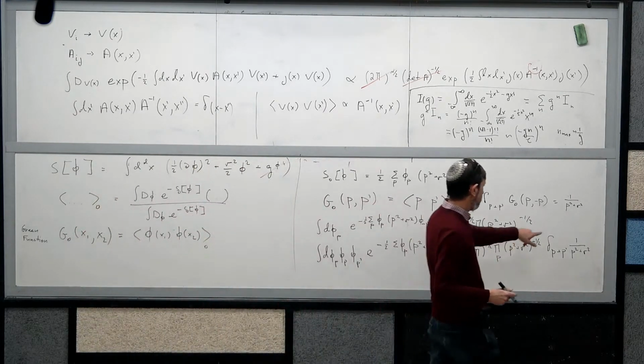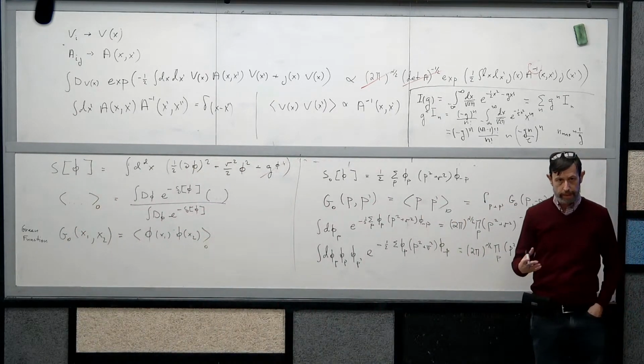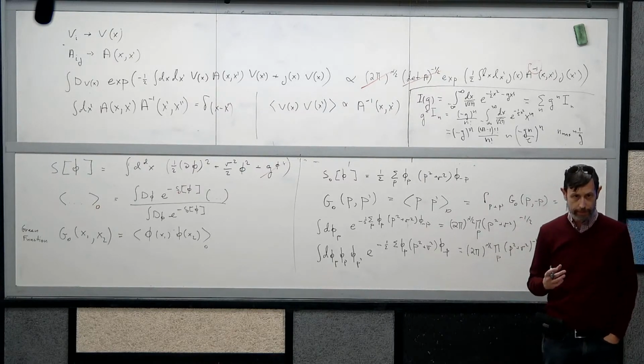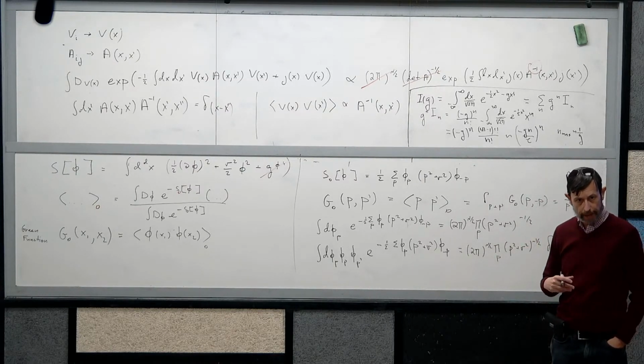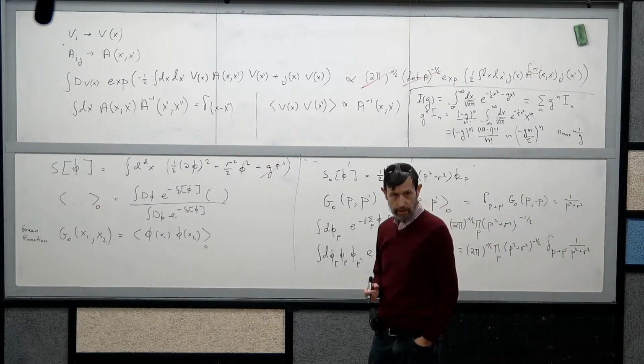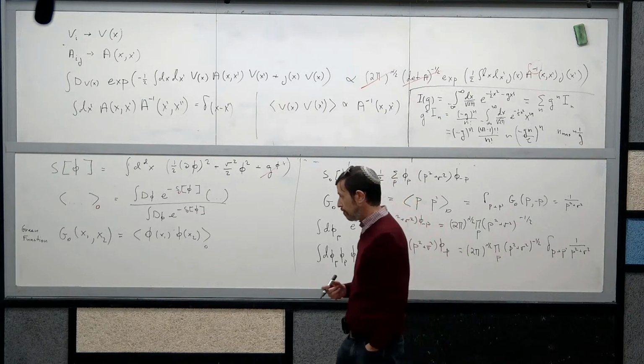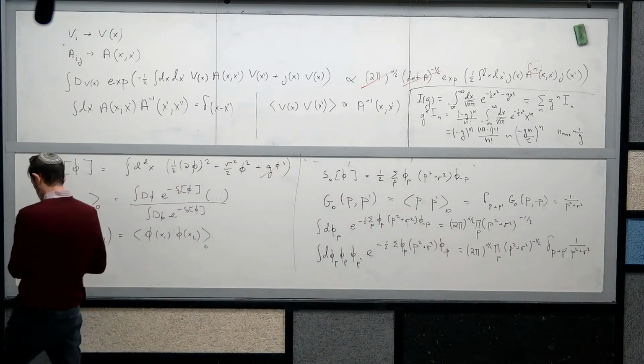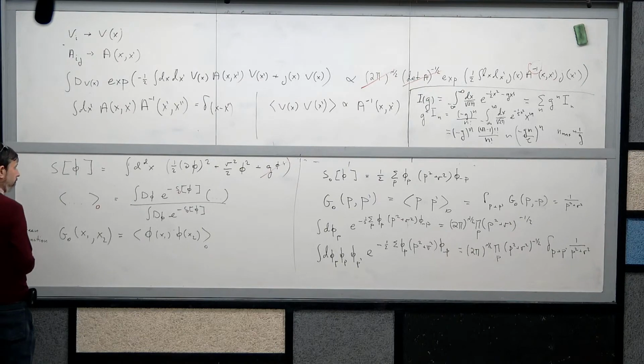Okay, what does this 1 over p squared plus r squared mean? Here it would actually be easier to understand if we transfer it to x, to real space.